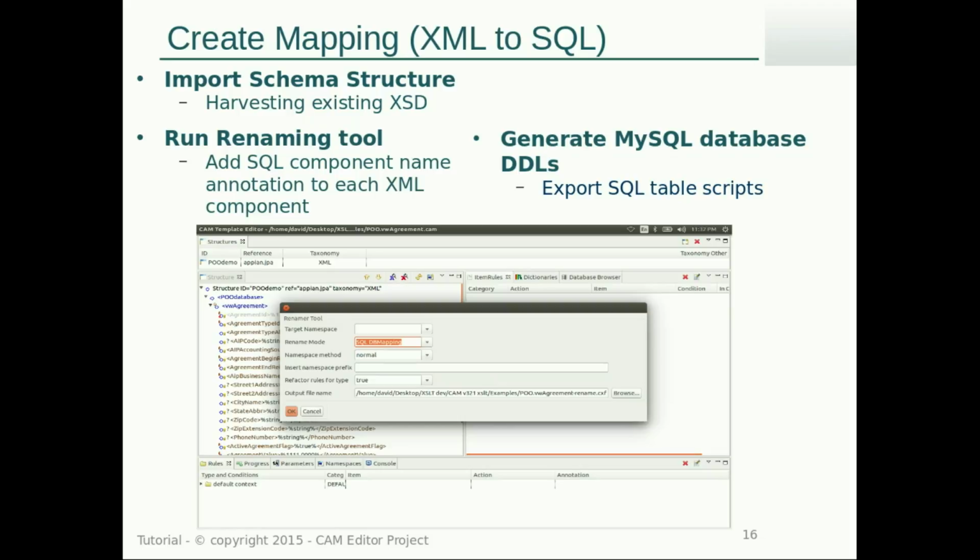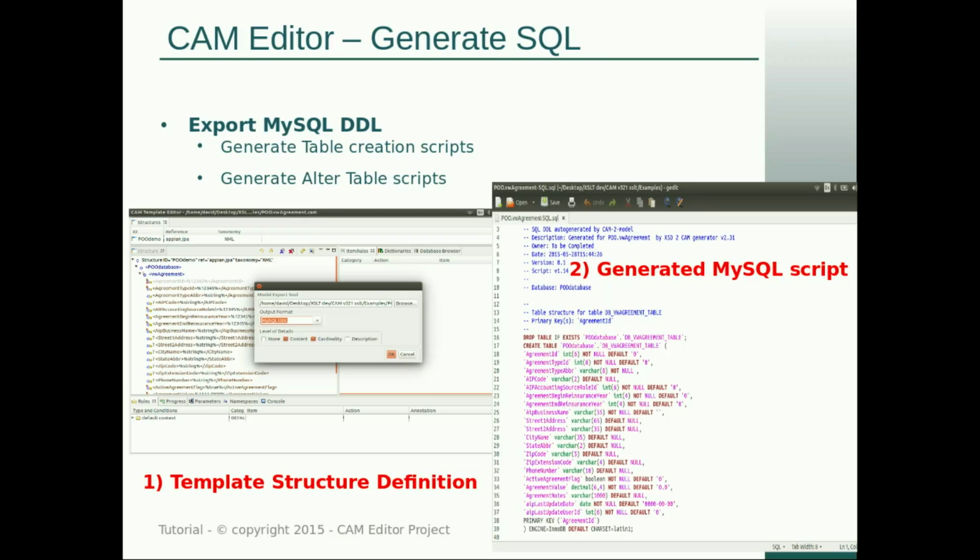So you go under Tools, a Renamer, this menu pops up, you select SQL DB Mapping, click OK, and you will see the result where those SQL table mappings are added to your CAM template, and then you can simply run the export, which is the next piece.